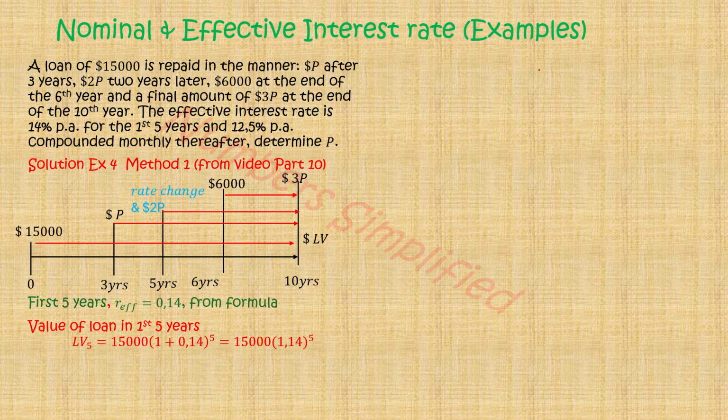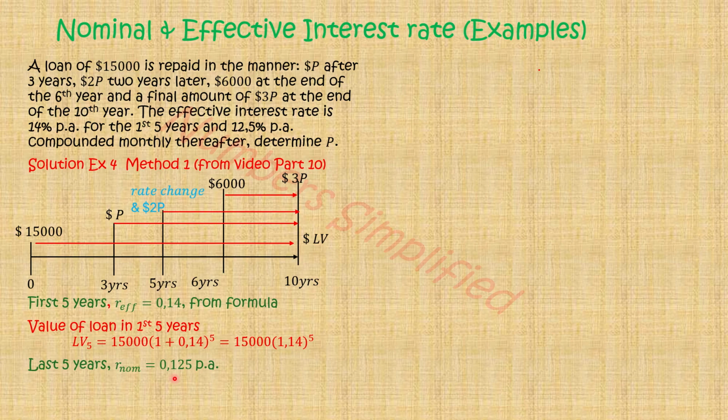Therefore, in the last 5 years, we know that the nominal interest rate became 0.125 per annum, and this is compounded monthly, implying that the I becomes 12 because we've got 12 months within a year, and that is the number of times it is compounded within a year.